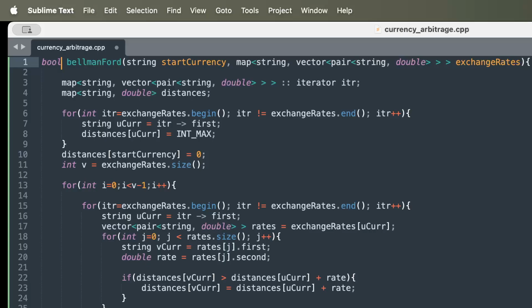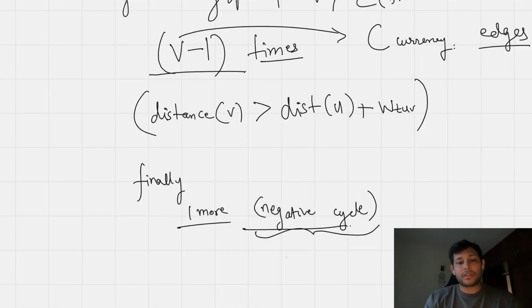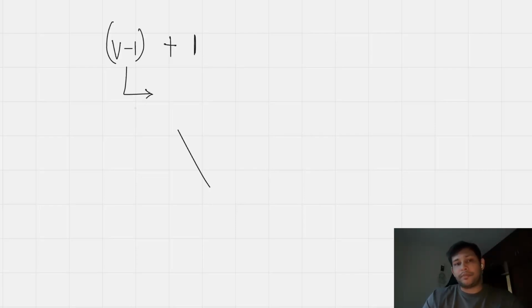Now let's quickly see the time and space complexity. If you see, we are running the outer loop V minus 1 times, and then finally we are running it one more time. Now within this V minus 1 times, we are traversing every edge, right? And for each edge, we are relaxing. We are checking if it relaxes the weight or not.